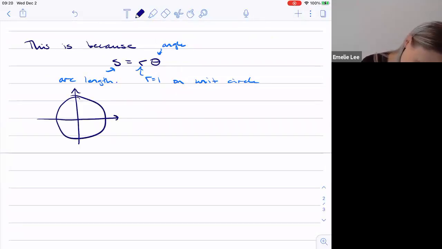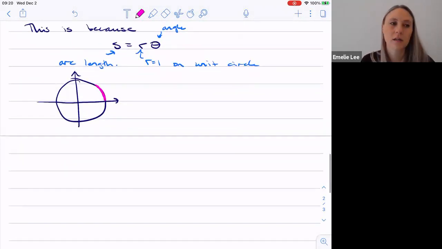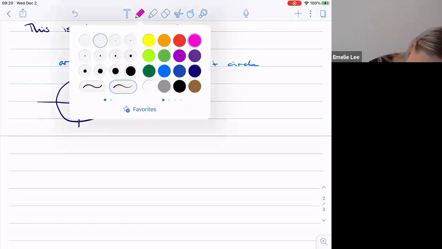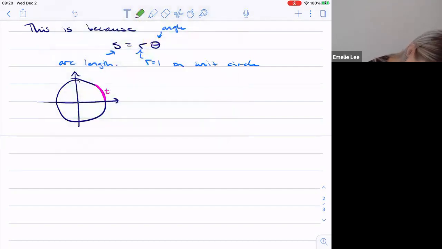Okay, so what this looks like, if you have a unit circle here, then let's say this distance is t. Then if we draw here, let's use green, then what happens is that this angle is also going to be t.